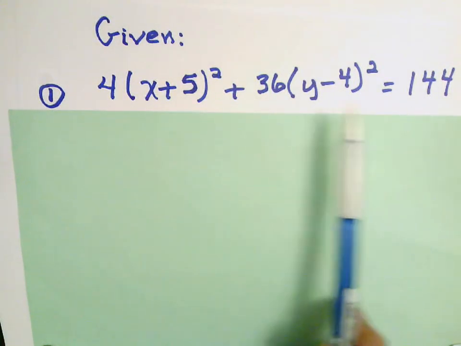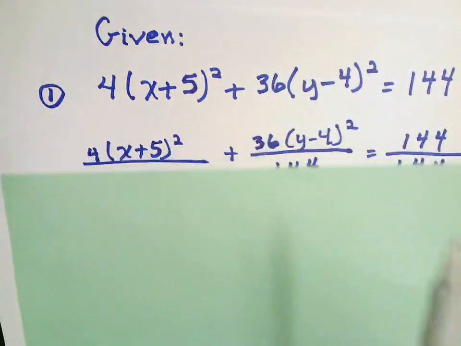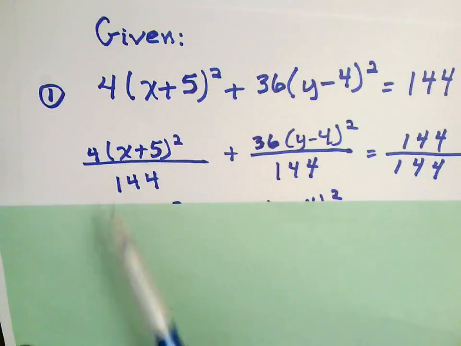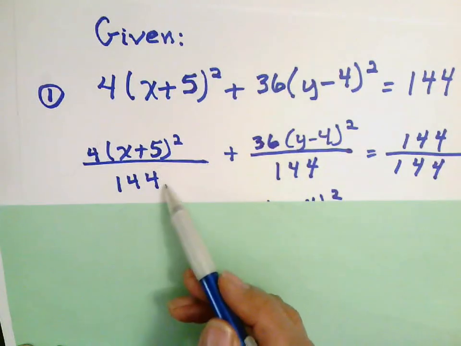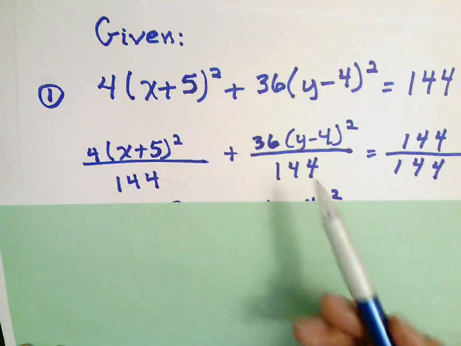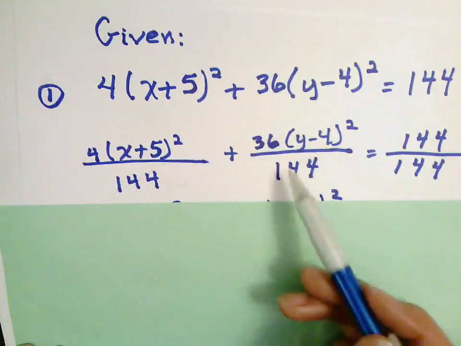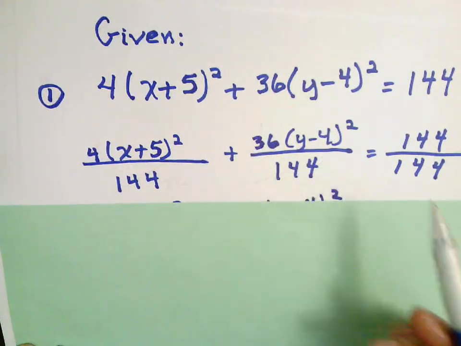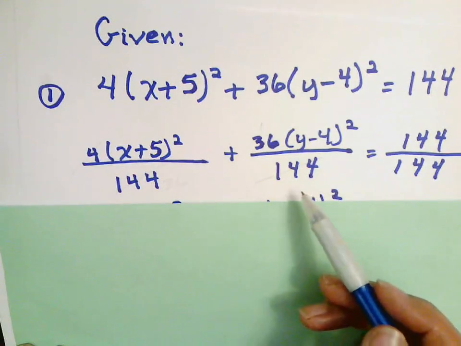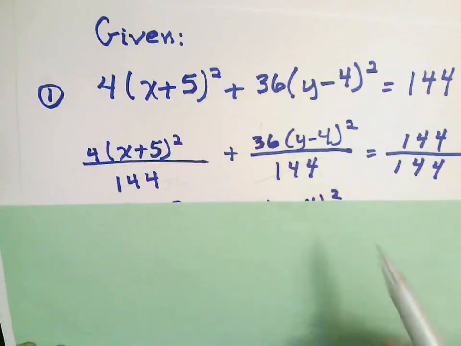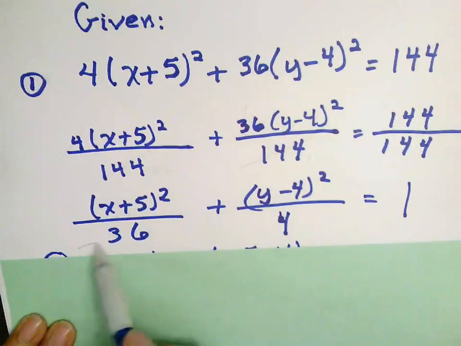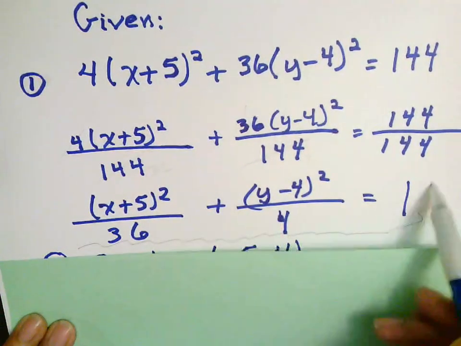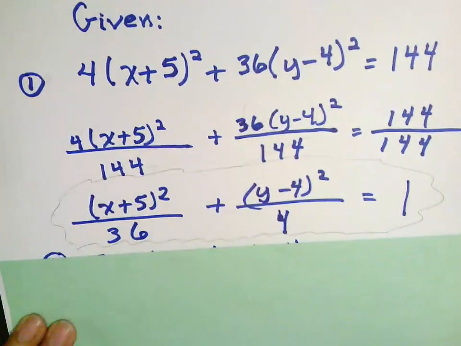So we can divide all 3 terms by 144. 4 goes into 144 36 times, 36 goes into 144 4 times. So this is what we're left with, and this is our standard form for the equation of the ellipse.